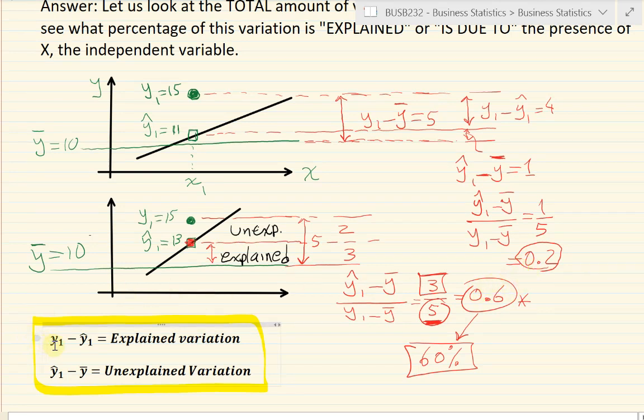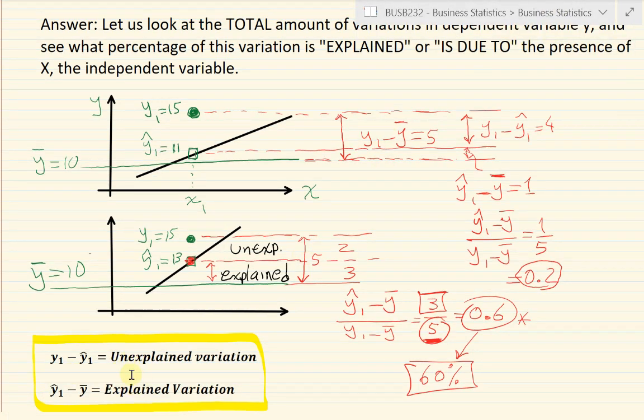We're going to call y1 minus y hat 1 the unexplained variation. That's this one. Let me fix this part up.